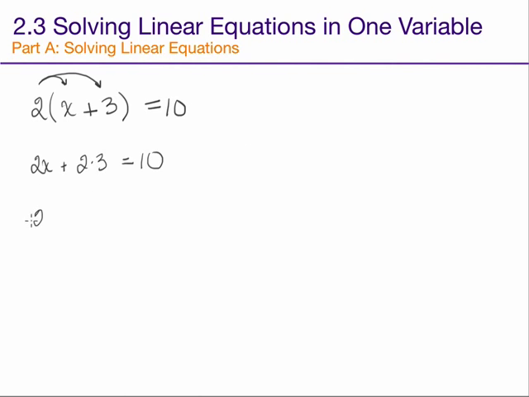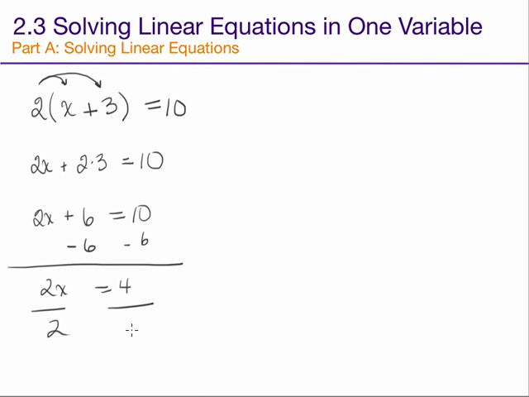Continuing, I can simplify the left-hand side, and now this equation is in the form ax plus b equals c. Because it is, I can subtract 6 from both sides and divide both sides by 2. Here, x equals 2 is my solution.